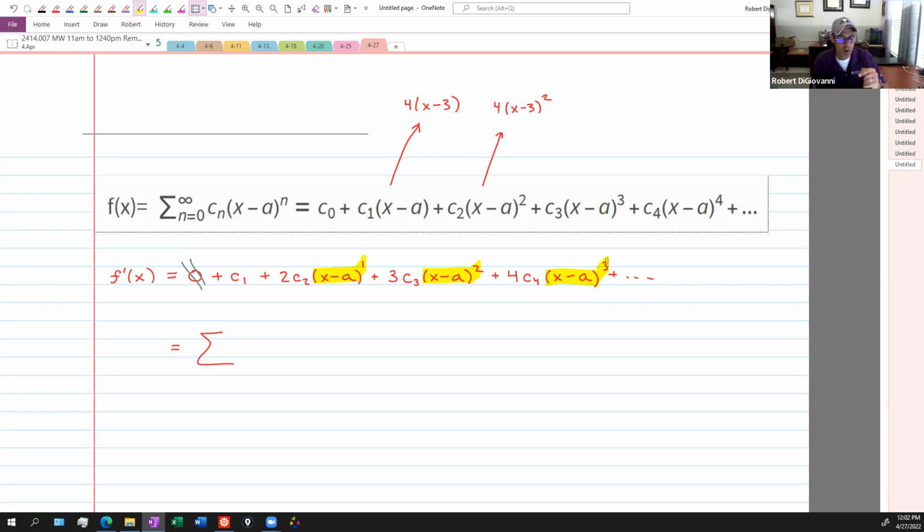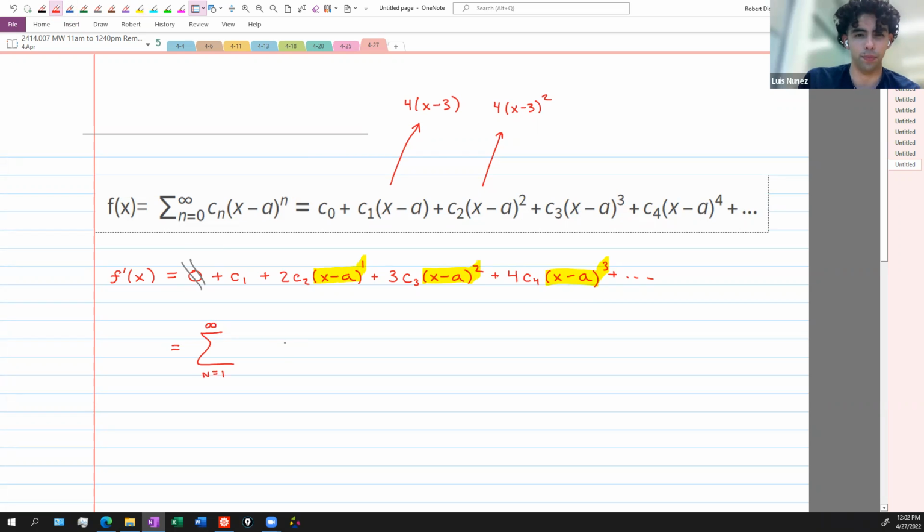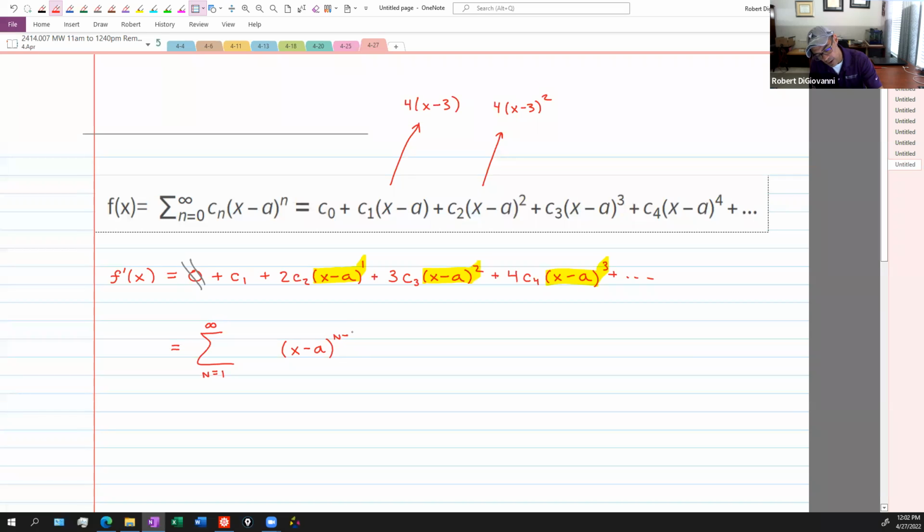Where do you want to start your index? At 1? Okay, and so then you're going to have here an x minus a to the n minus 1. Do you all agree? Because sitting next to this would be an x minus a to the 0, wouldn't there be?